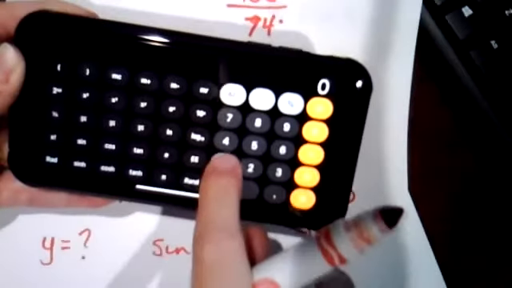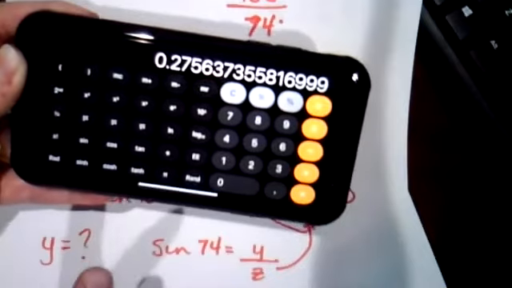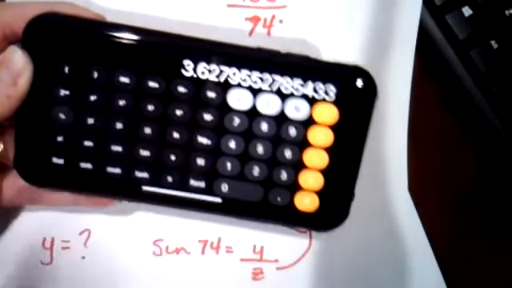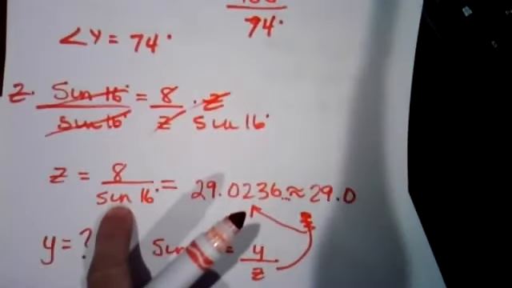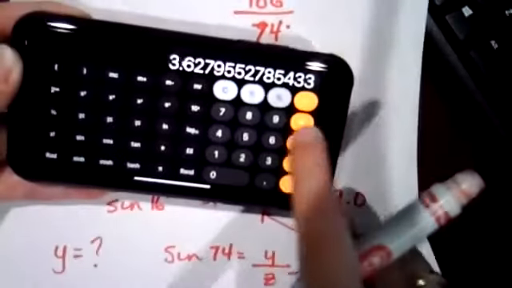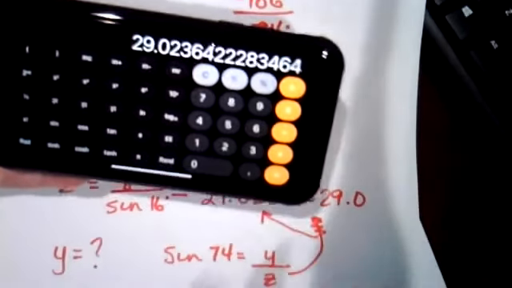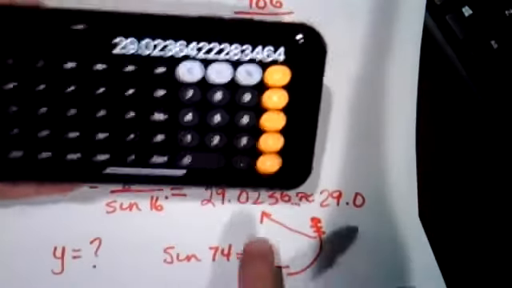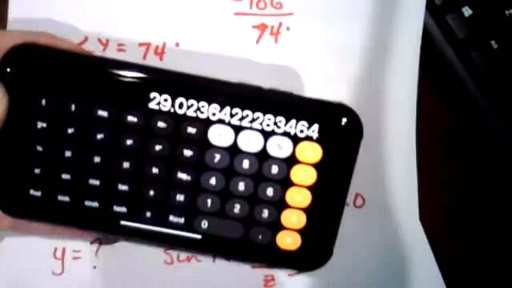So if I had 16 and I hit sine, that's my sine 16. And I want to put it in 1 over because it's on the bottom. Okay, and so I did that, and then I multiplied it by 8, and I get this fabulously long number, which is right here. Okay, but pay attention.